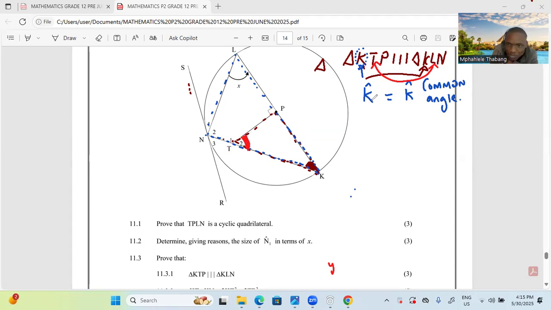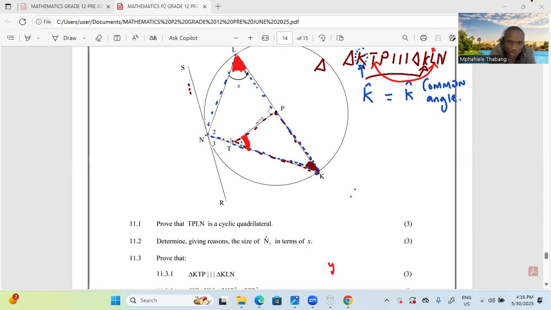I want to prove that this angle T in KTP is equal to angle L in KLN. So let us go to KLN. Let us look for L in KLN. Exactly this one. This is L in triangle KLN.